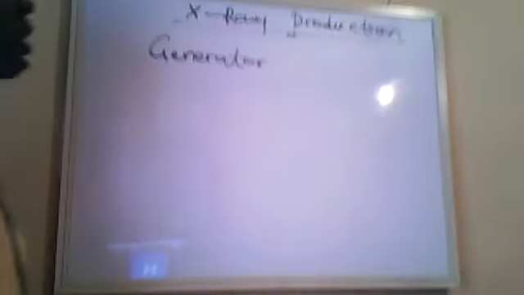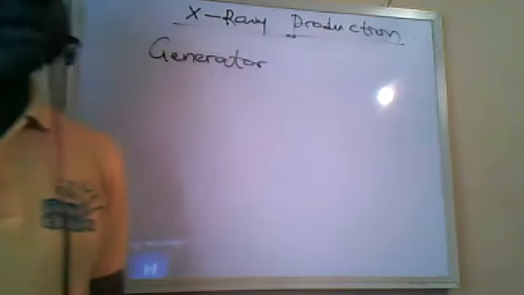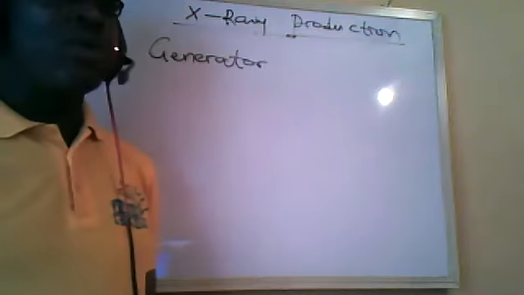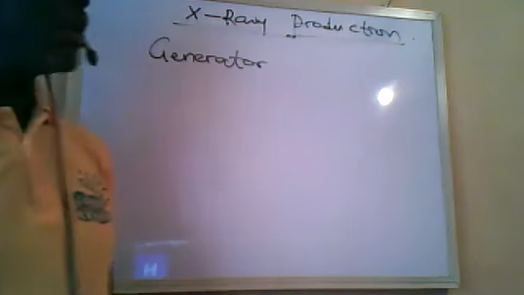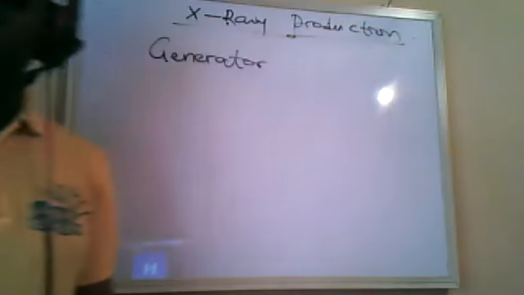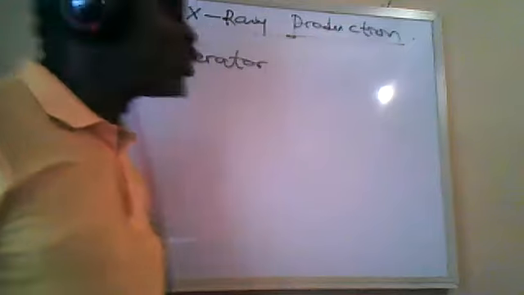So the generator has so many components. Inside the generator, we have the wave rectifier circuits. Inside the generator, we have the transformers. Inside the generator, we have the diodes, the triodes, the pentodes, the tetrodes, and so on and so forth.